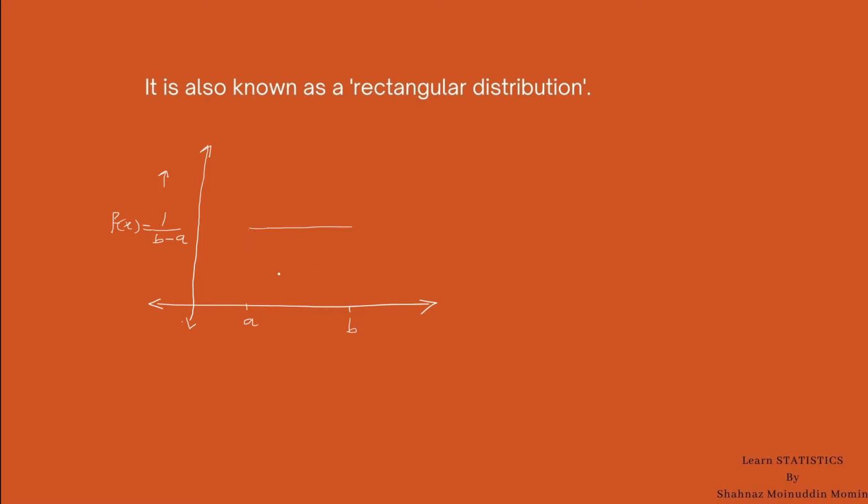And if we draw a perpendicular on the x-axis, it looks like a rectangle. This is the value of x along the x-axis and p.d.f along the y-axis. After plotting all the points of x at p.d.f 1 by b minus a, the graph looks like a rectangle. Hence, the continuous uniform distribution is also known as a rectangular distribution.